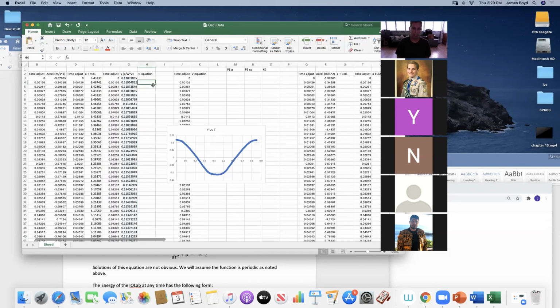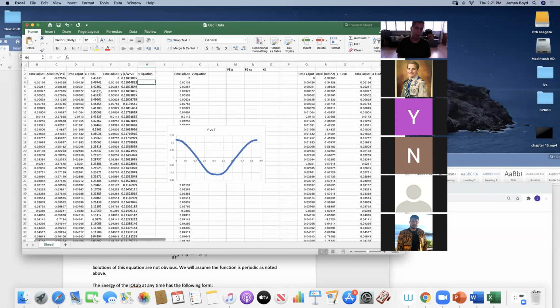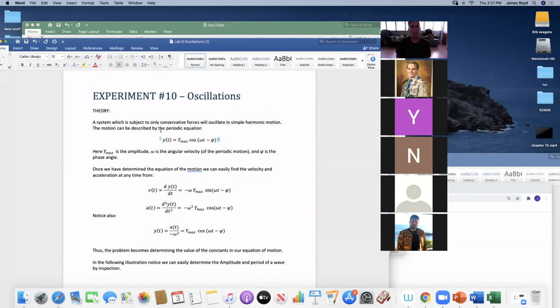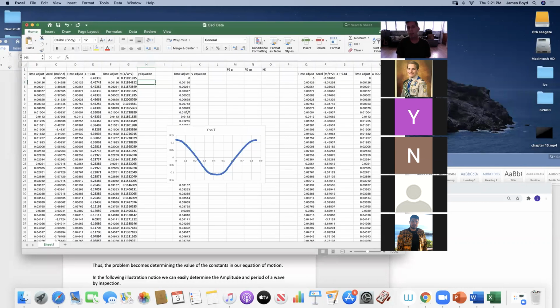So we have that. Now, having that, we can see that it starts at a maximum amplitude, goes to 0, and then goes to a negative maximum amplitude, and back to a positive maximum amplitude. So when we look at our Y function, we need to figure out what is Y max from our data.